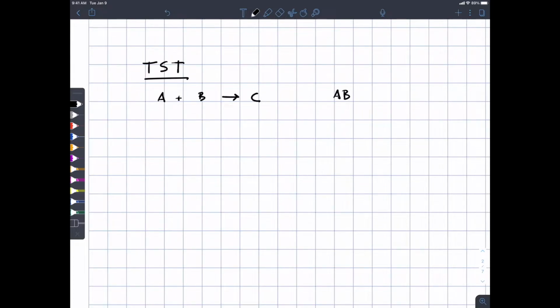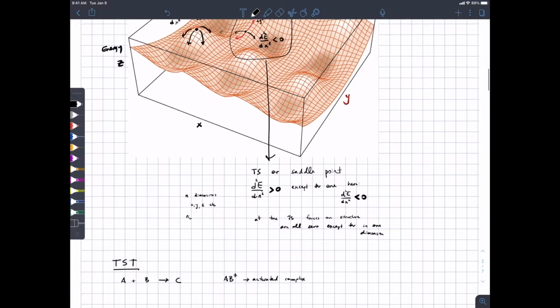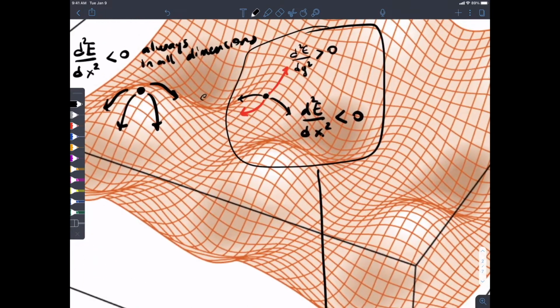A and B with the double dagger we're going to call the activated complex. This is what you have to get to in order to traverse the saddle point. So at that saddle point, this would be our activated complex, this would be A plus B, and this over here would be C.